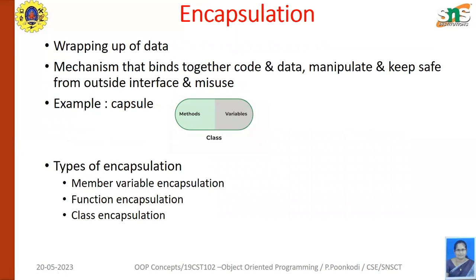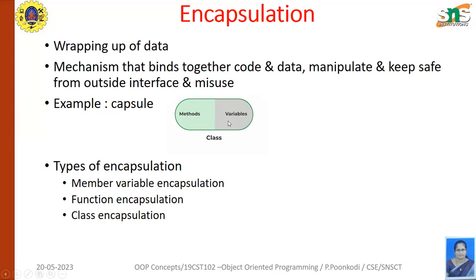The next one is encapsulation. Encapsulation is nothing but the wrapping up of data. It is the mechanism of wrapping gift paper around the gift which you have purchased. And this is an example for encapsulation. A class will be there, with methods and variables.